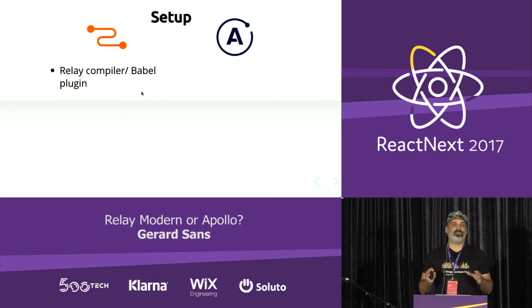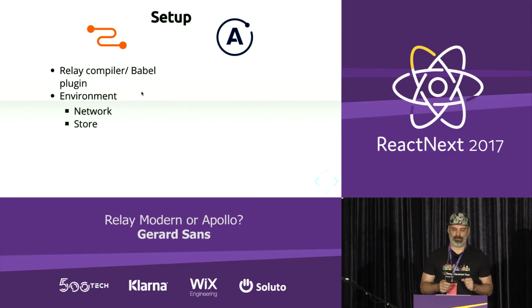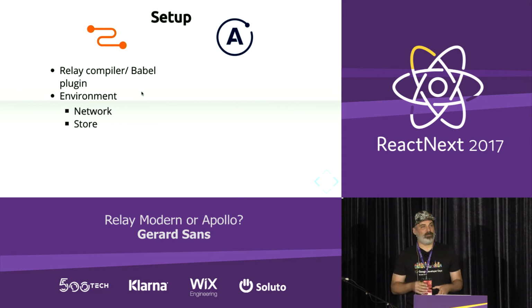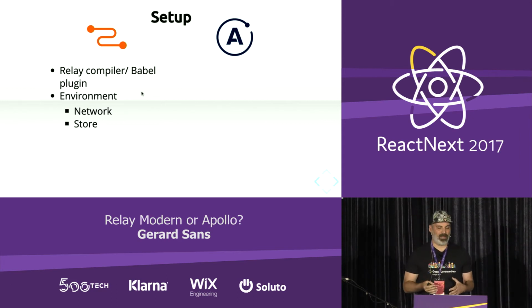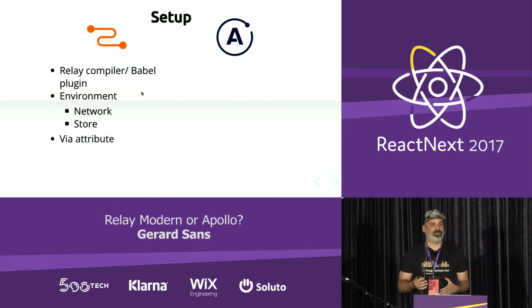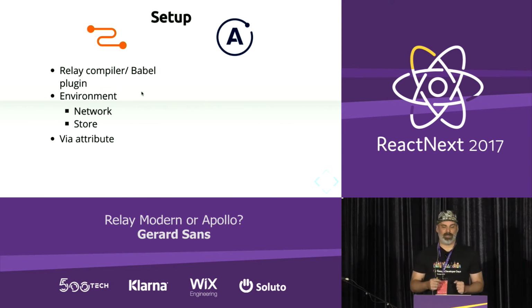We'll just make sure that we use a very efficient GraphQL. This will be using an environment, which is the term in Relay Modern. This is based on a network, object, and a store. And then we will just use an attribute for our components that will pass this environment context.